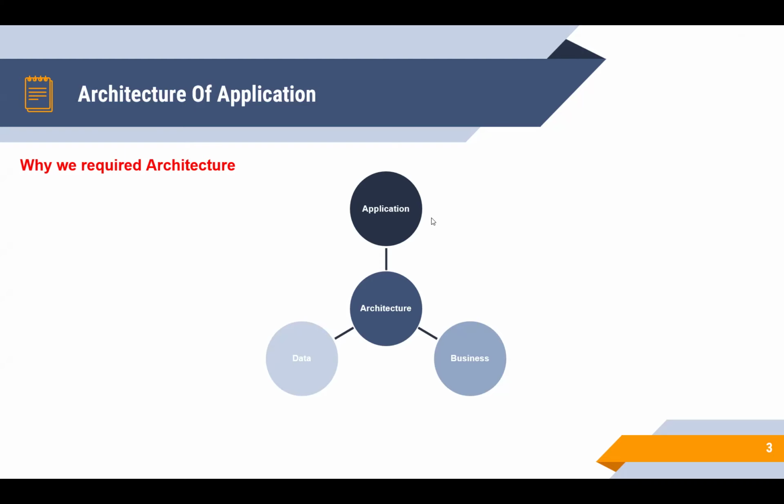UI means user interface and UX means user experience. So whenever we are developing any application, there is one part where the user is going to interact. That part is called the application part.